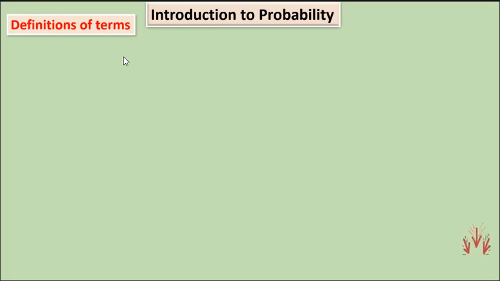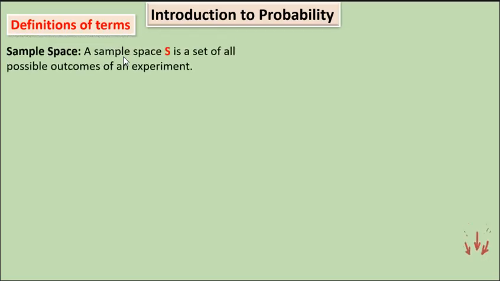Number 1 we'll be looking at is sample space. The sample space is the set of all possible outcomes of a random experiment. That is what we refer to as sample space.